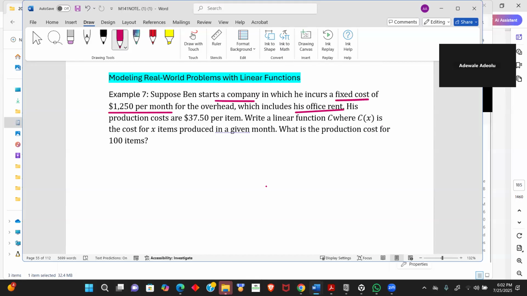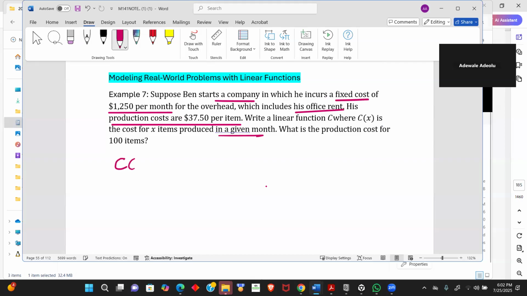That is when he hasn't even produced anything. He's already spending $1,250. His production costs $37.50 per item. Write a linear function C, where C of x is the cost for x items produced in a given month. Okay, let us try to do that.